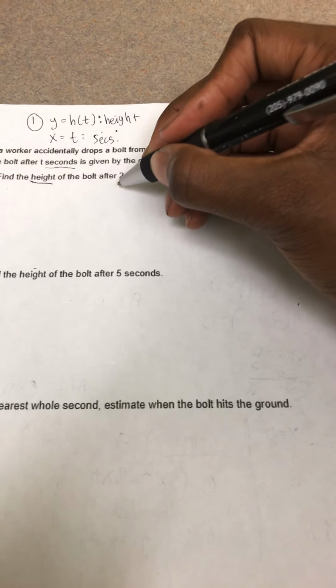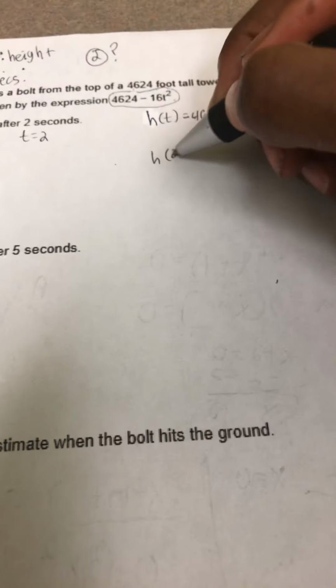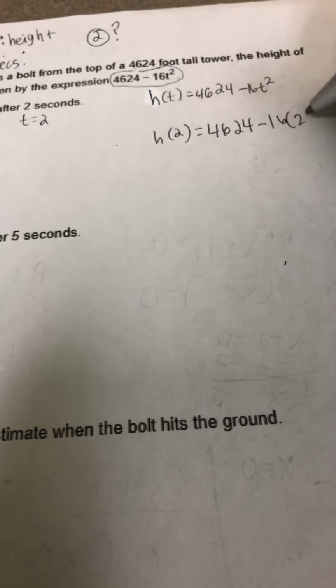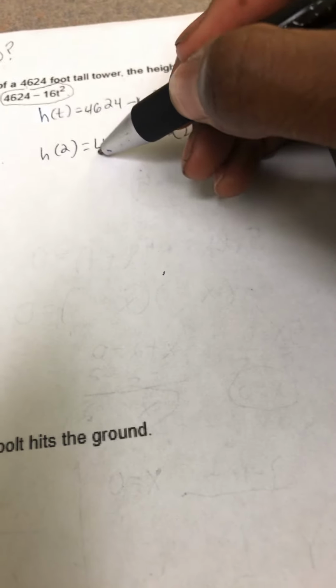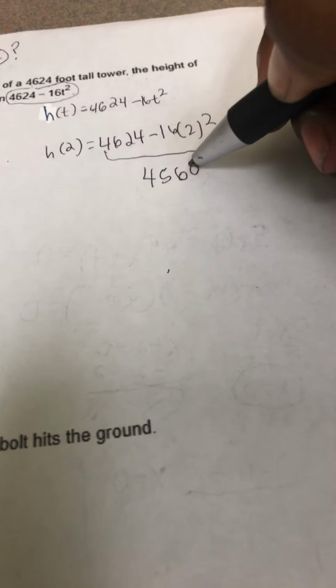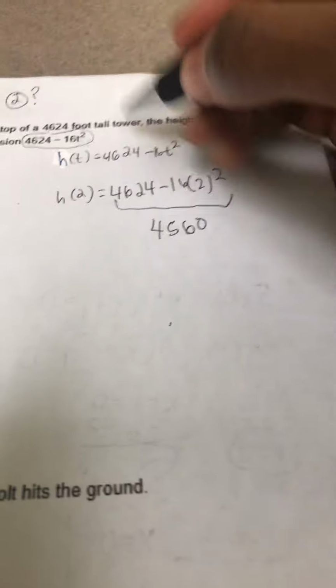So they told us that t is equal to 2. So we take this problem and we plug in 2. You should be able to plug this straight into your calculator and get 4,560. And this is feet, because it tells you right here what the units are.